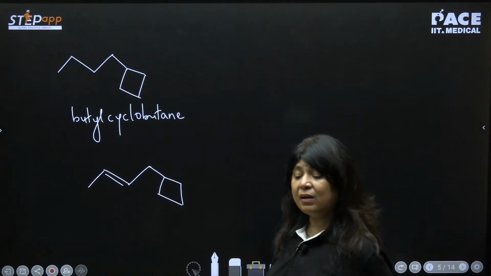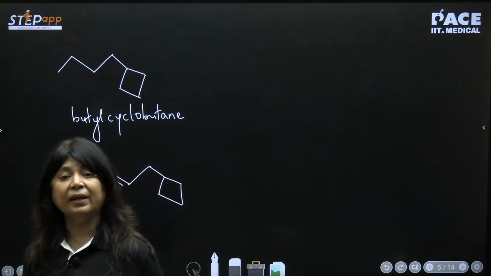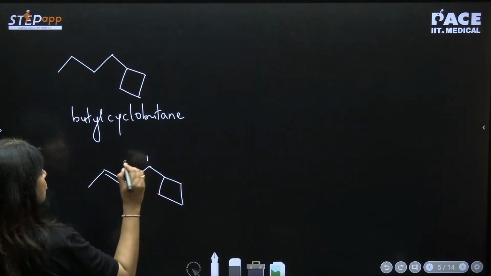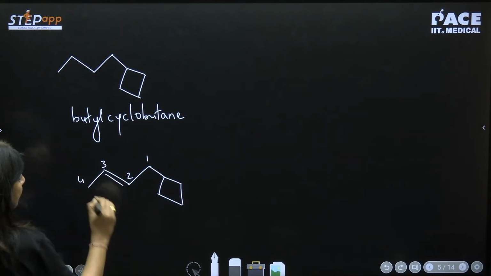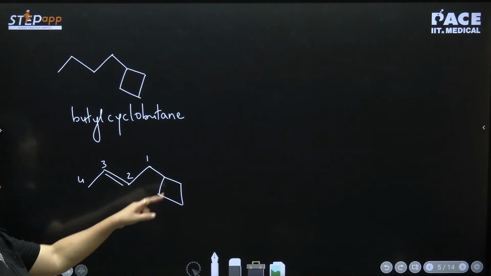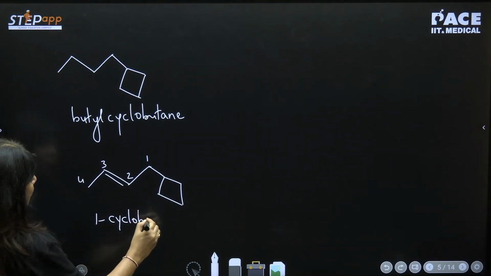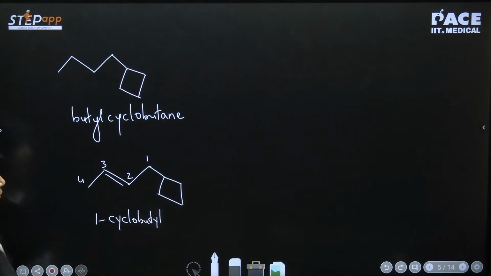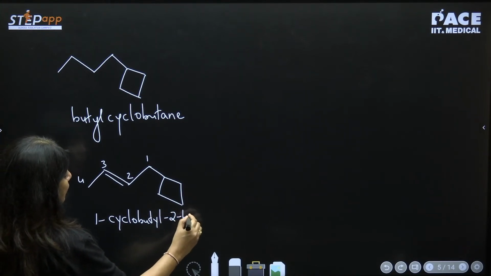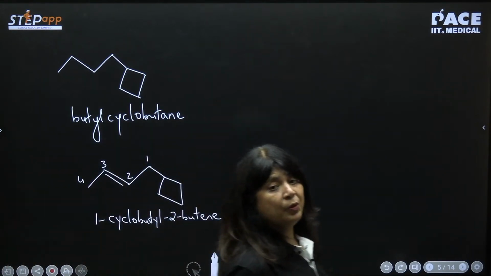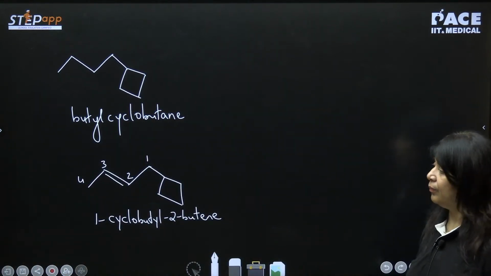So when the double bond gets the same position from either end, the next priority is for the substituent. So the substituent also should get a lower number. So numbering is going to begin from this end. The first carbon has a substituent. So it is 1-cyclobutyl 2-butene, or butene. 1-cyclobutyl 2-butene or butene.